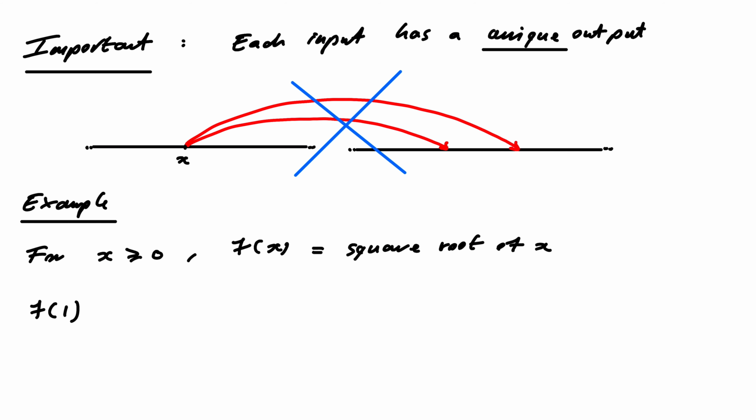The square root of 1, well, 1 squared is 1, but so is minus 1 squared. So this would have to be either plus or minus 1. So this is no good. This is not a unique value. This is two values as an output. So f is not a function.